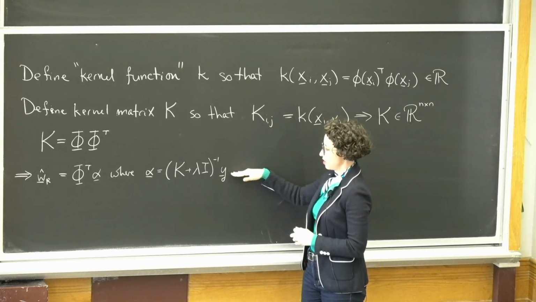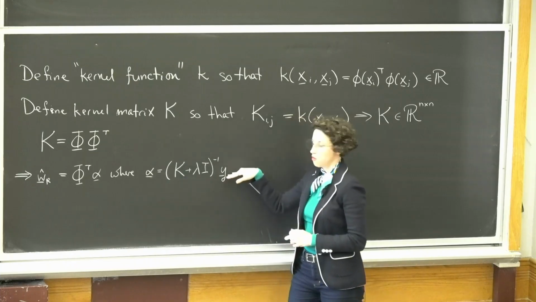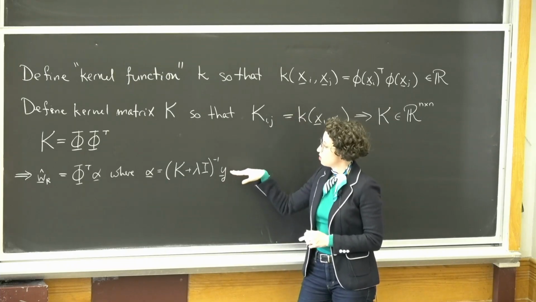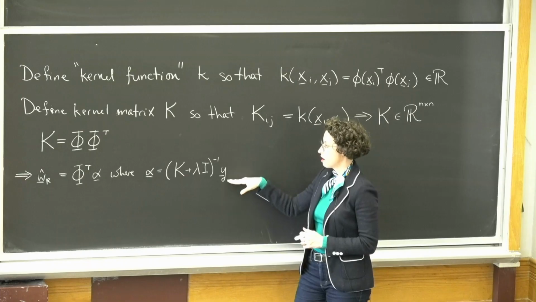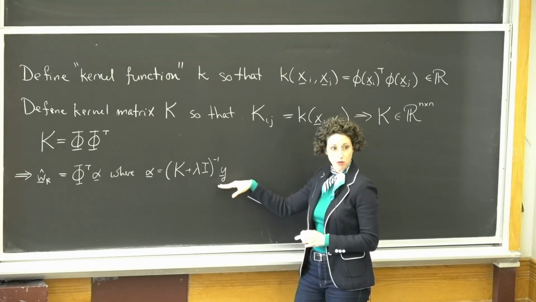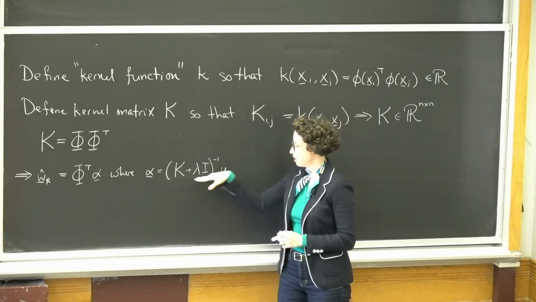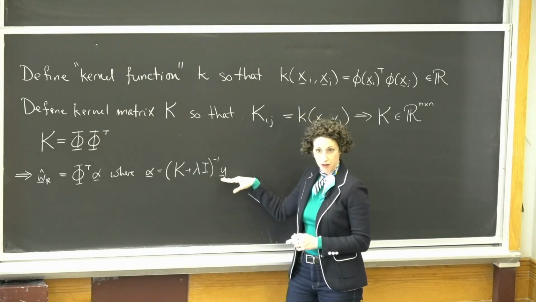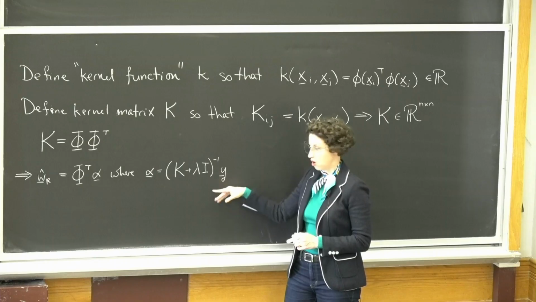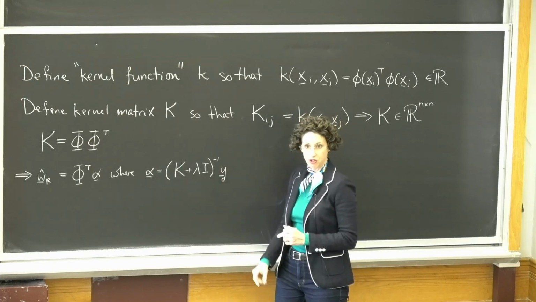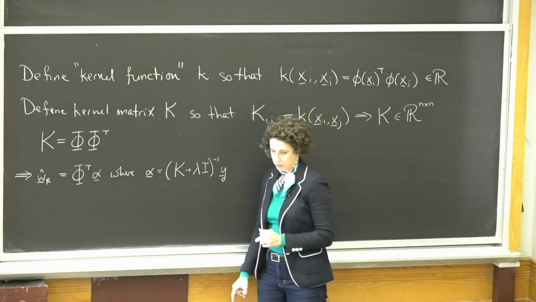And once we've got that kernel matrix, we can figure out what alpha is. We can actually figure out how much weight we should be giving to each one of our training samples using that kernel matrix without doing anything explicitly in this feature space. All I need is this n by n kernel matrix.